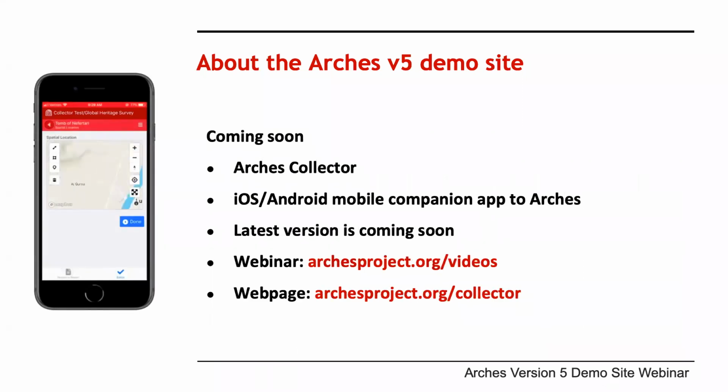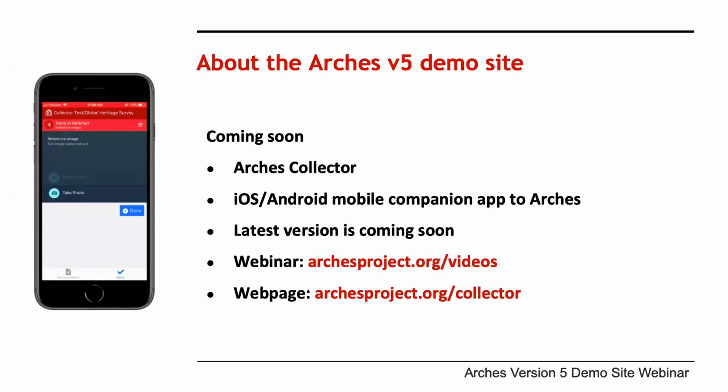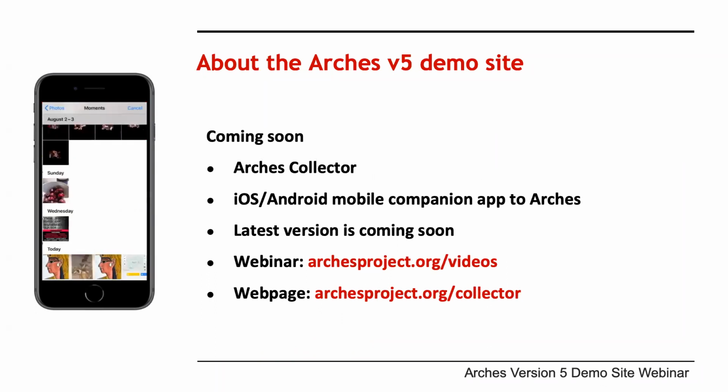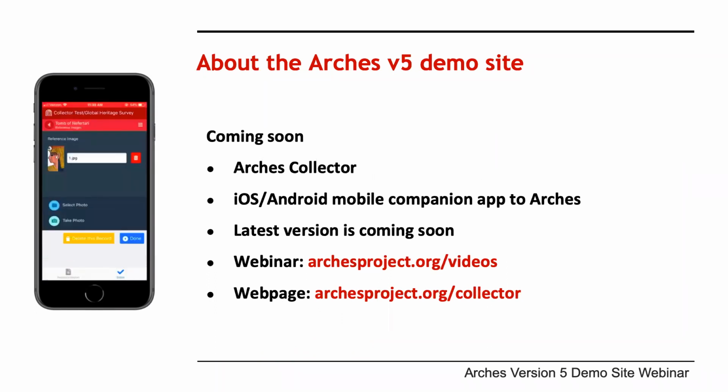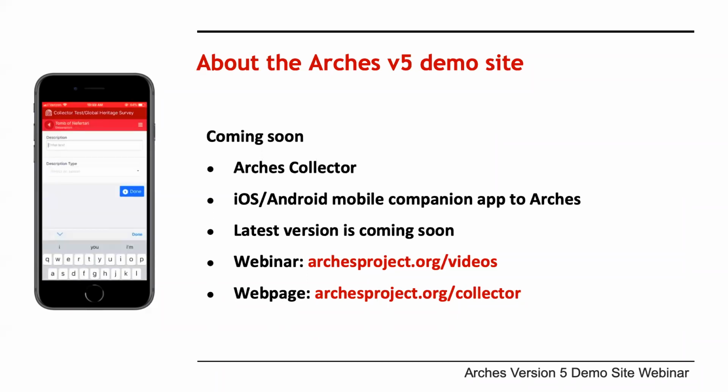Now, one demo site feature that will be available soon is the ability to use the site to test Arches Collector, which is the mobile companion app to Arches. It's an iOS and Android app that connects to an individual Arches instance to collect data expressly for that instance. So even though you can download the app now for your phone or your tablet, you need an Arches instance available to download a mobile data collection or survey project.